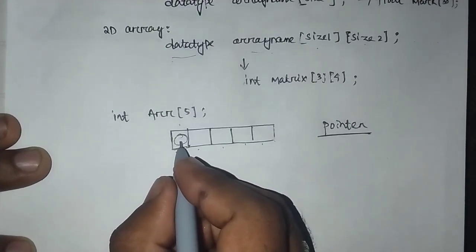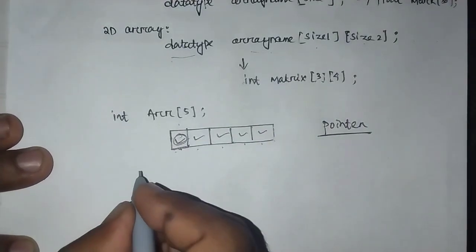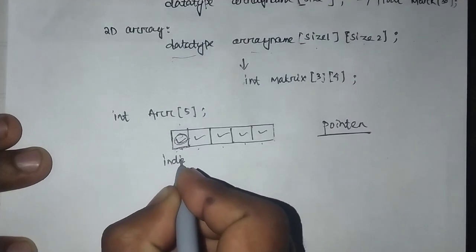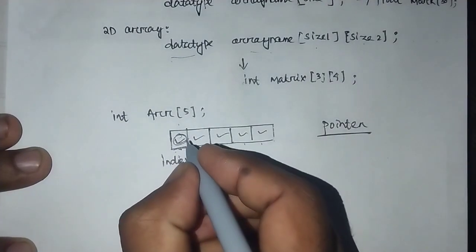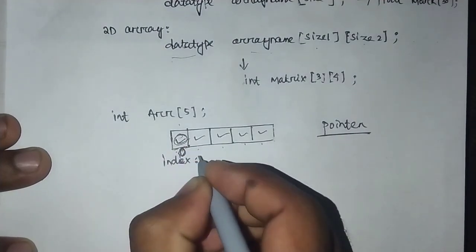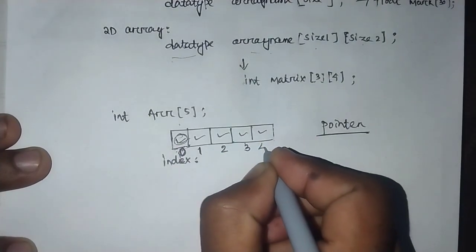To access the elements of the array we use a word that is index, or indices. The first element of the array is at 0th index, then first index, second index, third index, fourth index.